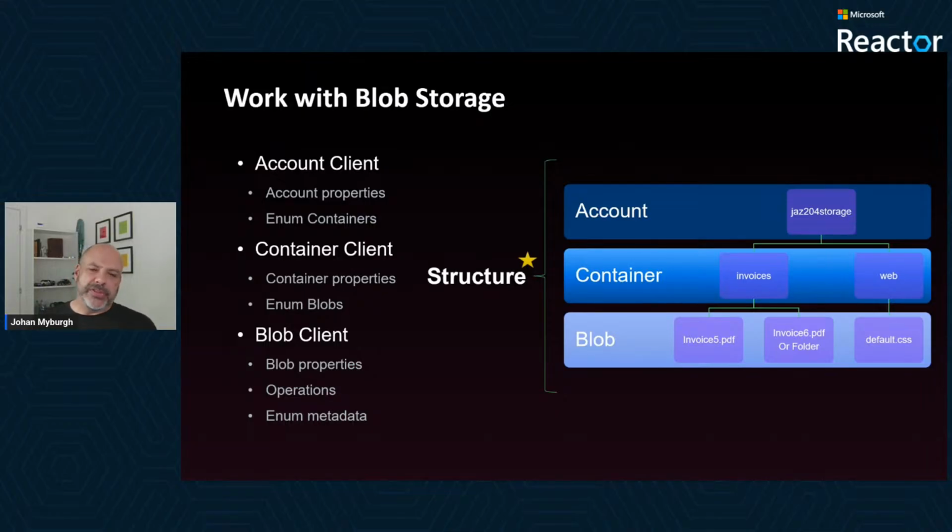There are several types of operations that allow you to take out one of these leases on the blob, and that's essentially going to ensure that only my current application service is making changes to that blob.